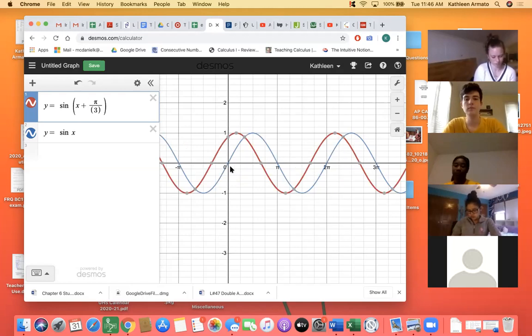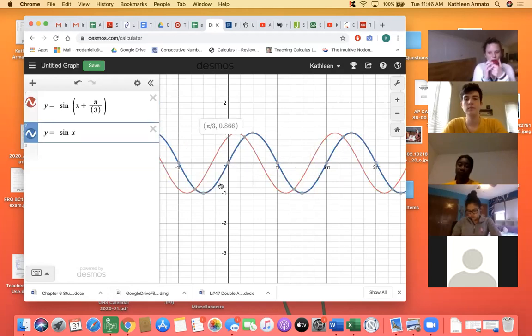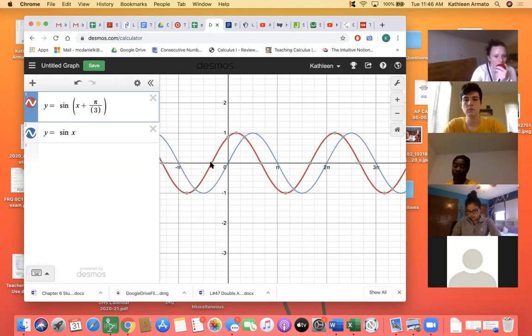All right, so again, normally sine starts here at 0. If I look here, negative pi over 3, and again, 0, high, 0, low. There we go. From negative pi over 3 to 5/3 pi, so the cycle still is taking 2 pi.